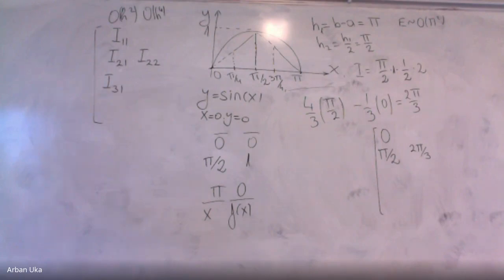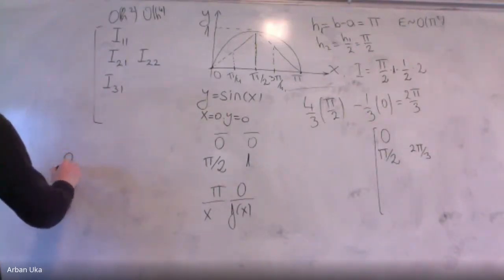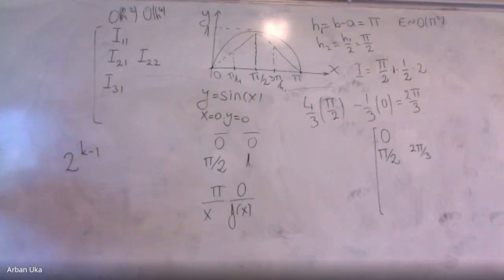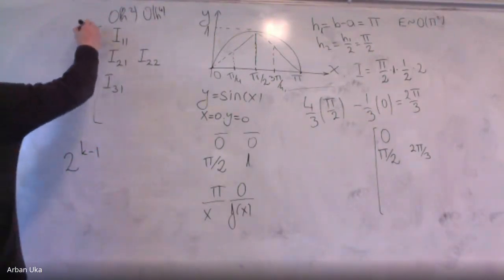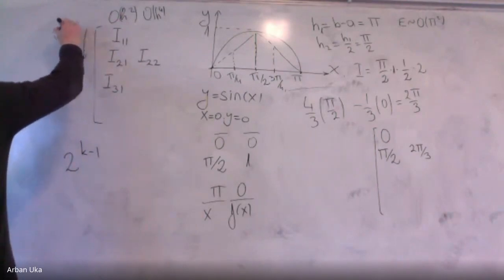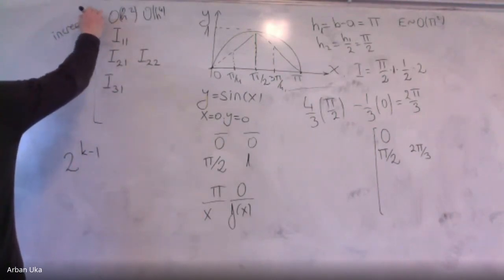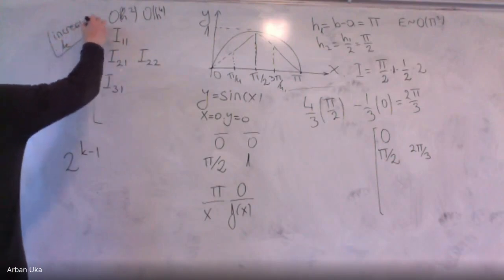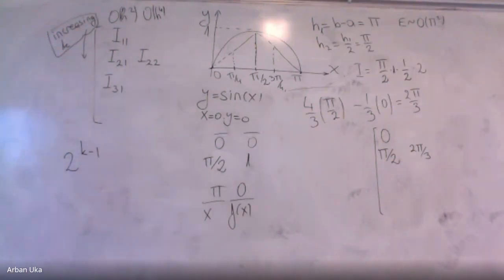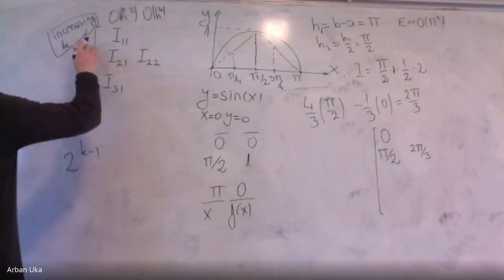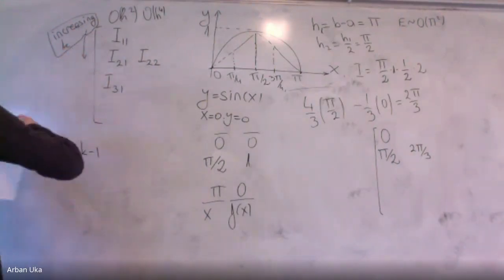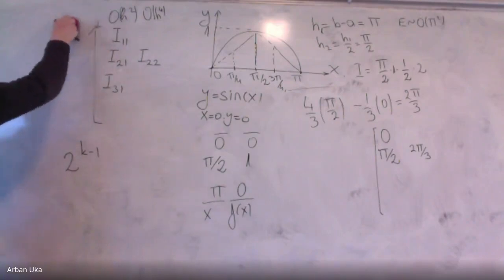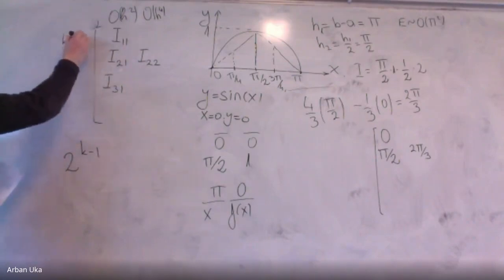Sorry, the number of segments is expressed as 2 to the power k minus 1. And here, we are increasing k. So here k is equal to 1, okay?